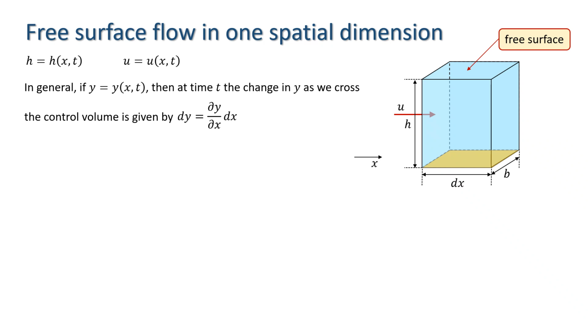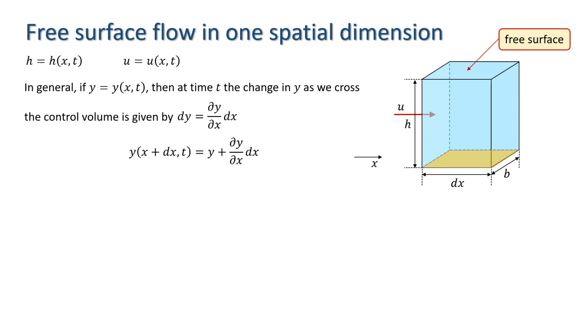Equivalently, we can say that the value of that variable on the right-hand side of the control volume is given by y plus dy by dx dx. We'll use this relationship in our derivation to define the mass and momentum out of the control volume. This will, of course, be true for h and u, so we have to be careful here.